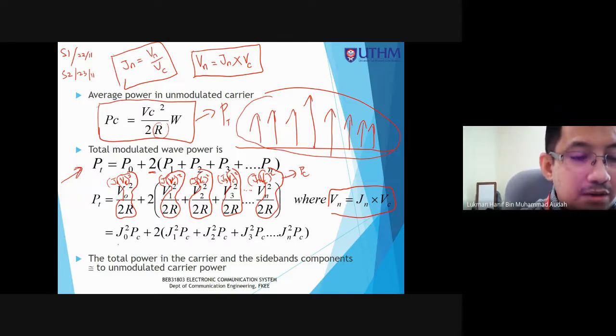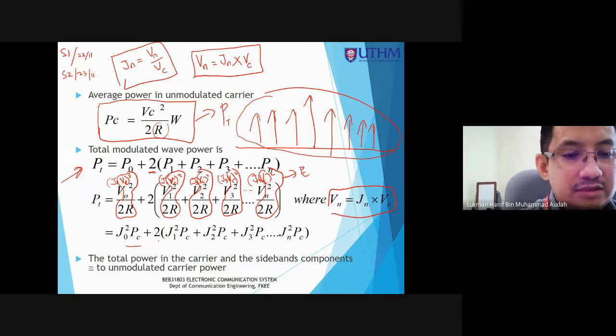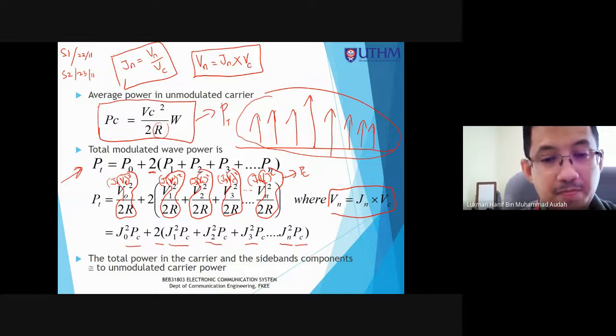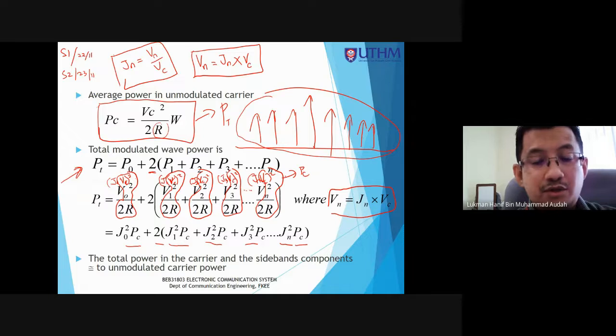So kalau kita kembangkan, maka persamaan ini menjadi J0 square PC plus 2 times J1 square PC, J2 square PC, J3 square PC, Jn square PC. Ini kita tambah semua. We added all the frequency component powers, the powers of each frequency component.